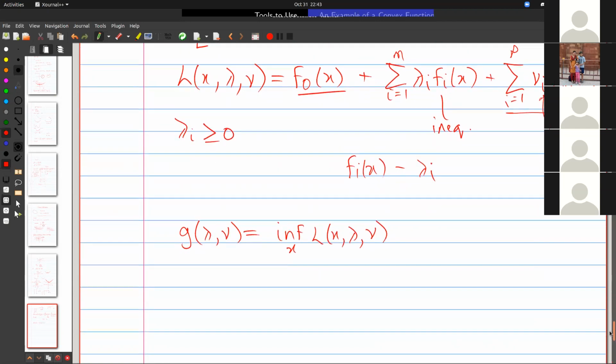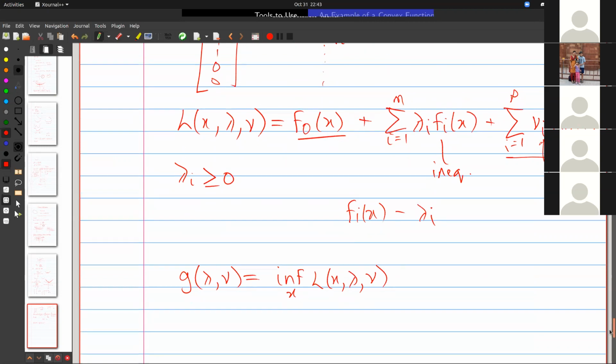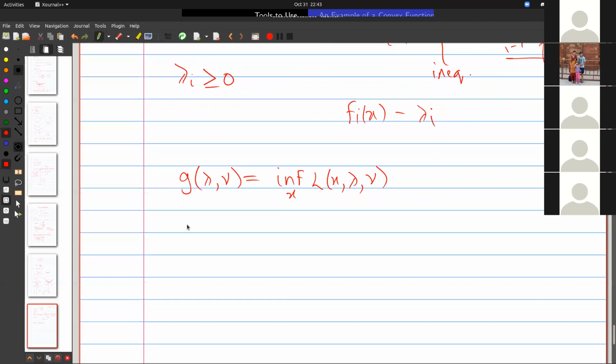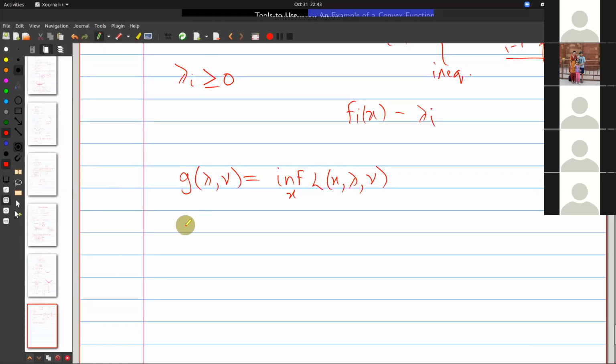What we have done basically is that we take the infimum over x of this. Now how does this help us? We can prove this property that g of lambda, nu is always less than or equal to p star.